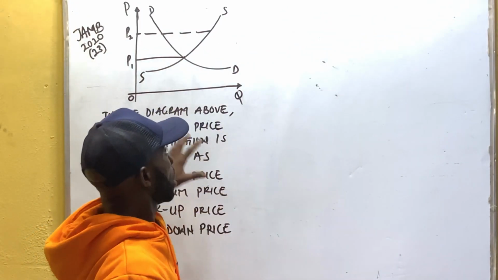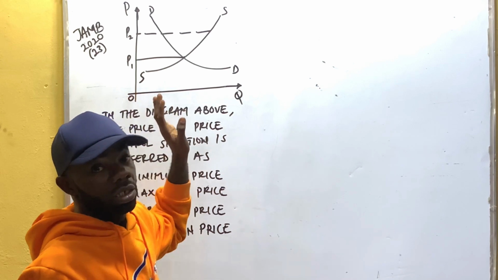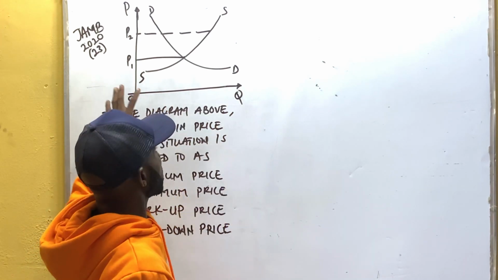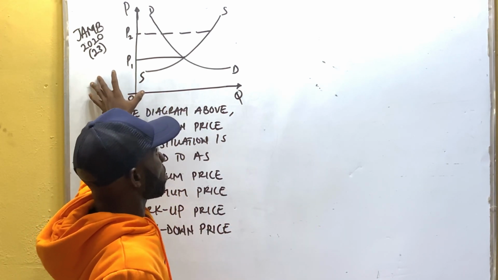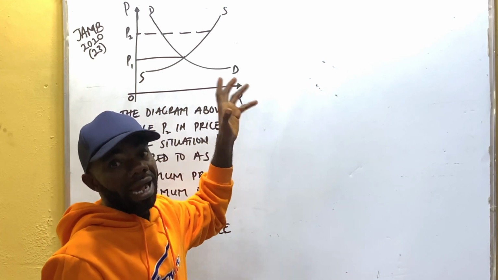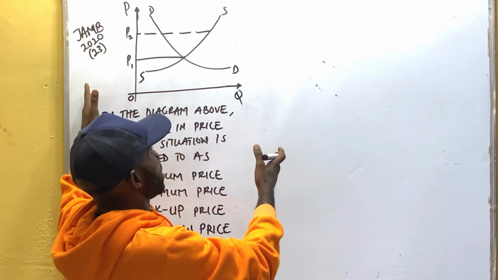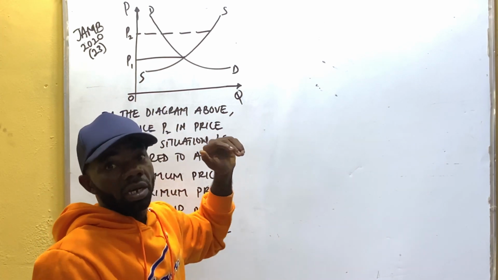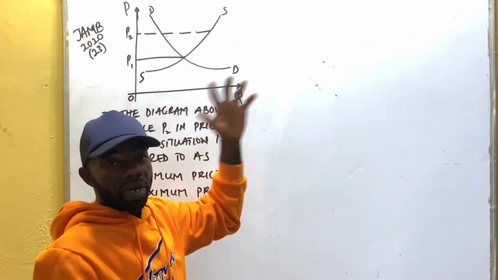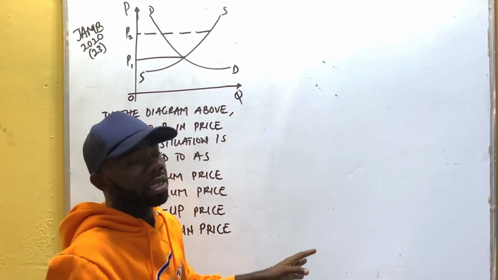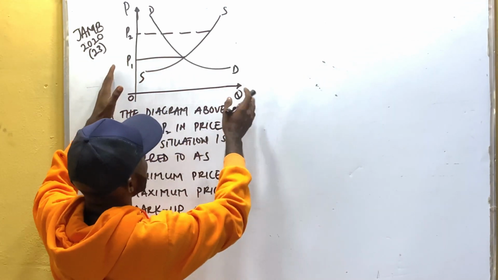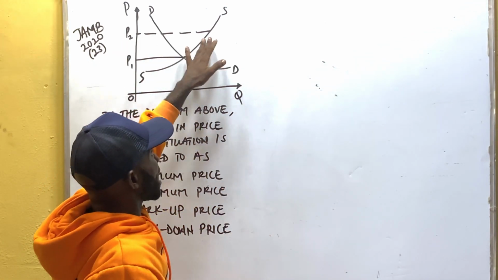Now, the next question we have decided to consider is a question from price legislation. Price legislation has a diagram that will reveal whether we have minimum price or maximum price legislation. As we look at this diagram, you can see there's a new price above.